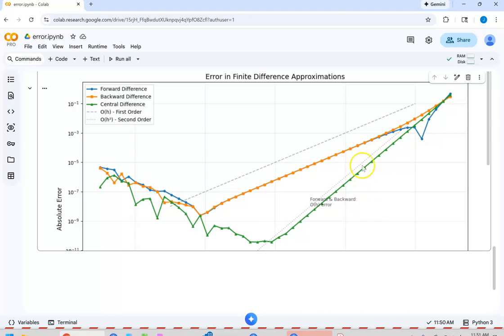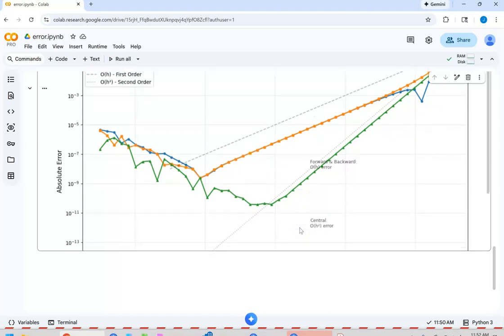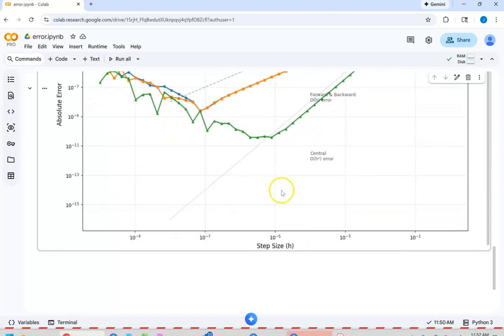Notice in your centered difference method, the error gets smaller quicker than it does in the other two, which is what you see. Except what happens? Here, this error here and here are starting to get small, and then it goes back up again.